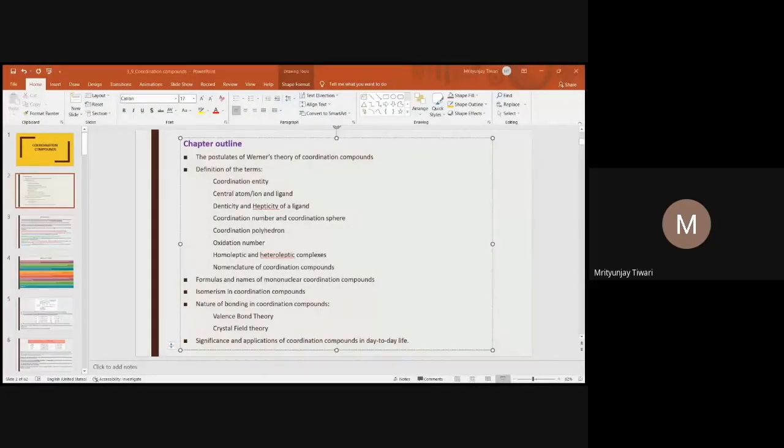Then we'll see isomerism in coordination compounds, like we have seen isomerism in organic chemistry. There we saw two kinds of isomerism, structural isomerism and stereoisomerism. Similarly, here we will also see structural isomerism and stereoisomerism. In organic chemistry, we have seen optical isomerism and geometrical isomerism as part of stereoisomerism.